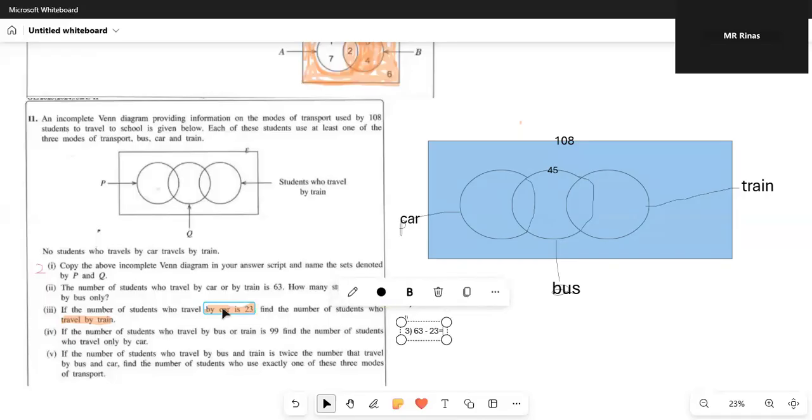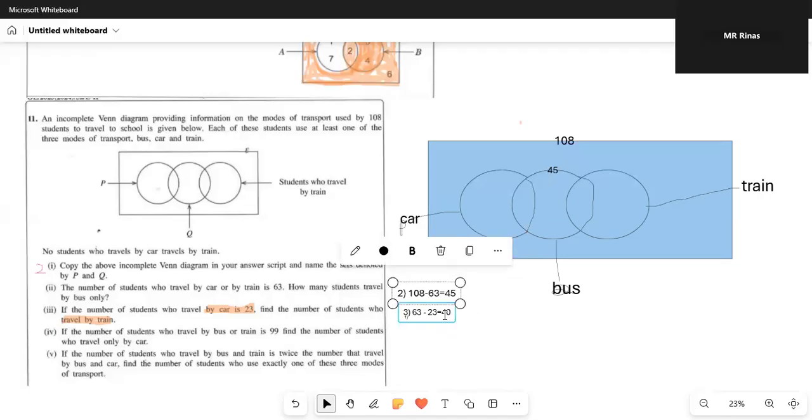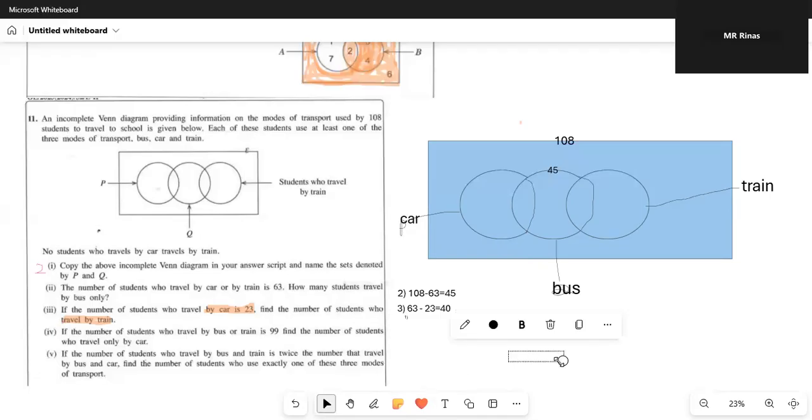You subtract that, you will get 40. This is the number of students who travel by train. So here, the number of students who travel by the train is 40.